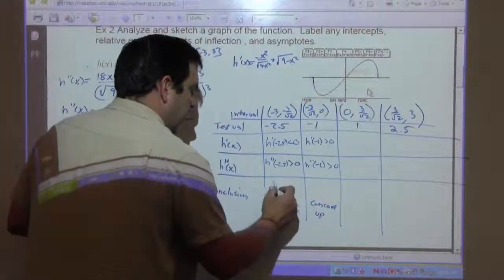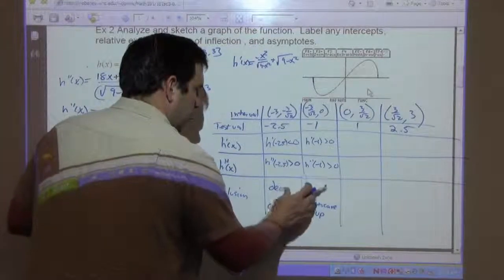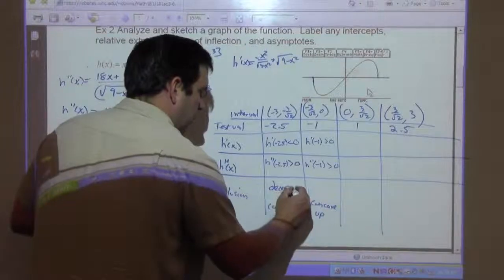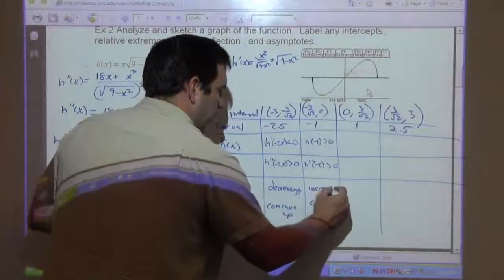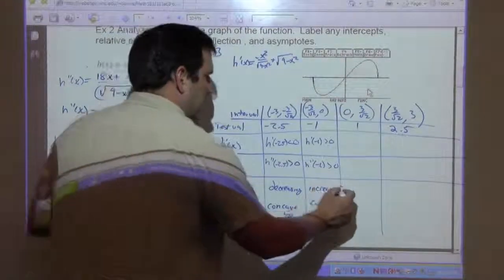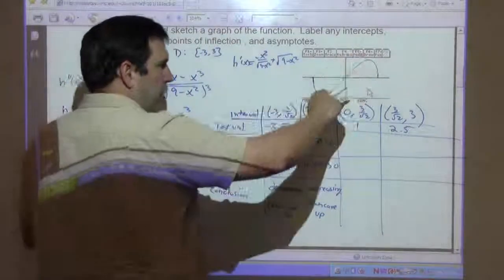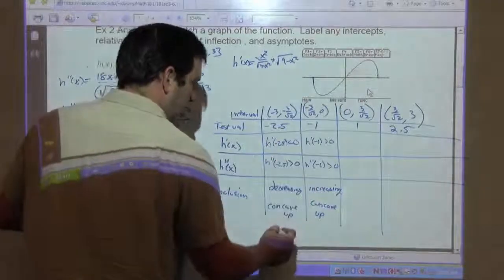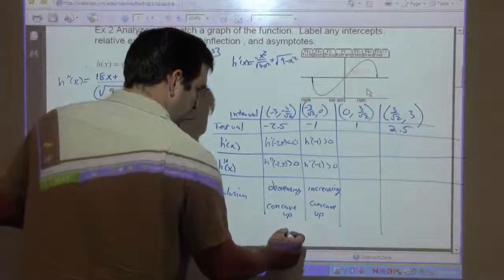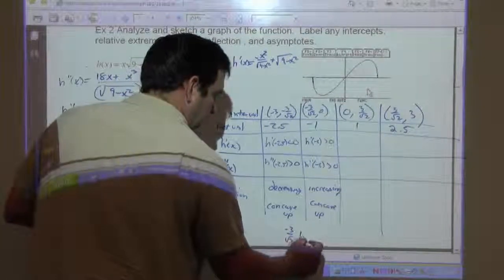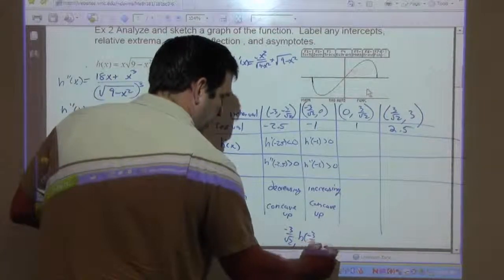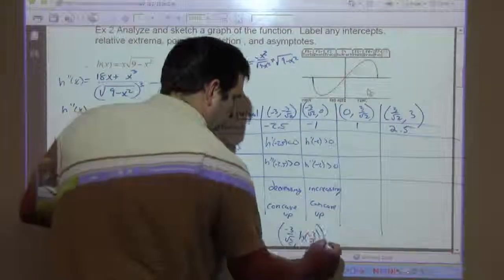So we're concave up. It's decreasing here, and it's increasing in the next interval. That means it went from going down to going up, so that's a minimum. So negative 3 over the square root of 2, comma h of negative 3 over the square root of 2 is a minimum.